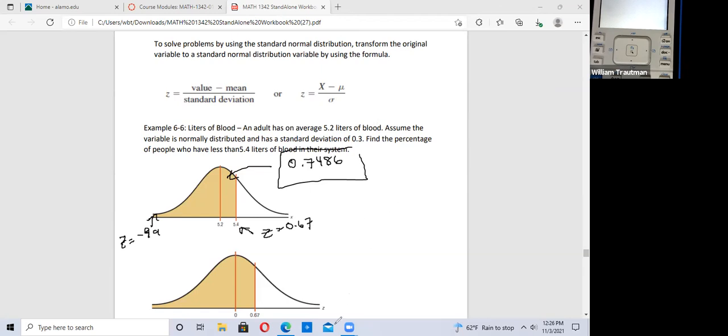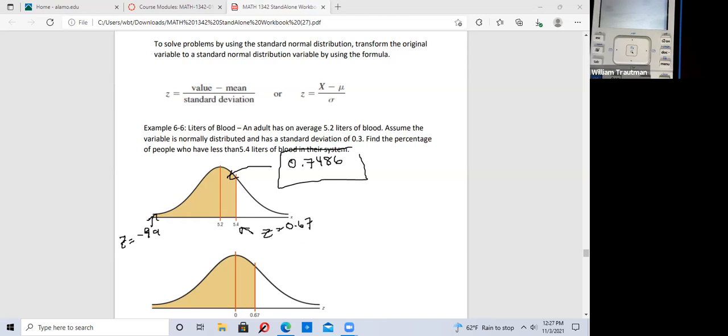Let me grab my calculator again. I need to write some information down because I always forget as soon as I leave it. So we know the mean is 5.2. Standard deviation was 0.3, and our value is 5.4 that we're talking about.